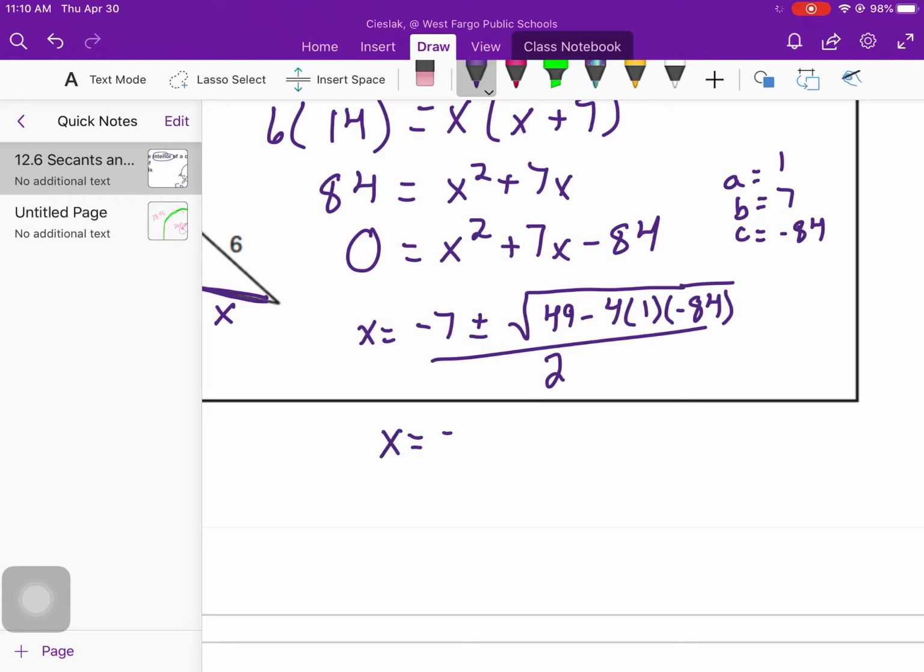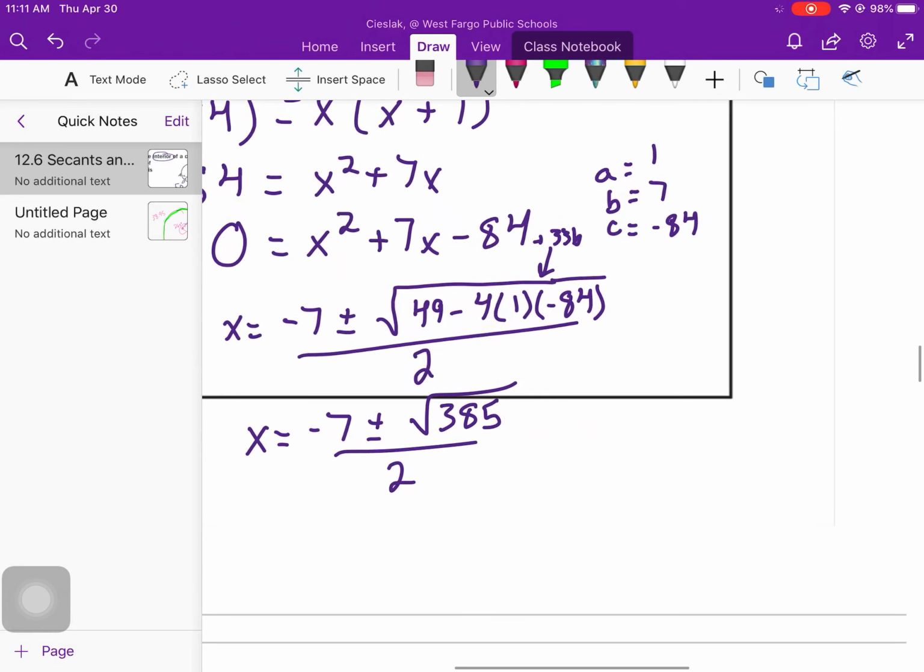So let's go one step further. I'm going to have negative 7 plus or minus the square root of 49 minus 4 times 1 times 84. So if I go 4 times 1 times 84, because again it's going to be positive, this piece right here is 336, and it's 49 plus 336. So 49 plus 336 gives us 385, all over 2.